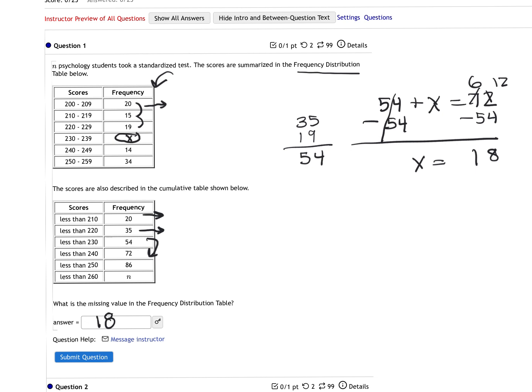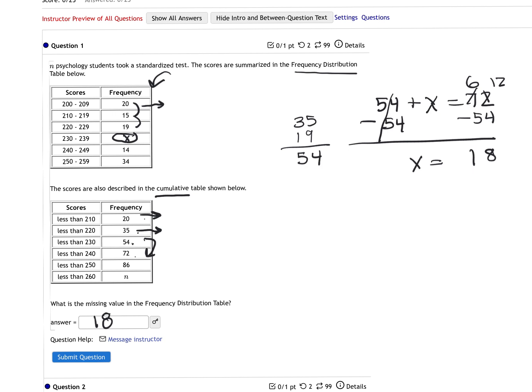But cumulative means to add them up, to accumulate, a running total. So we start with 20, we add 15 more, now we're at 35. We add 19 more, now we're at 54. We add this 18 more, now we're at 72. If I put 18 here, I could add it all up, and then I could figure out how many we were at total. And then I could also figure out what that n was if I wanted to, but that's not what they're asking for.